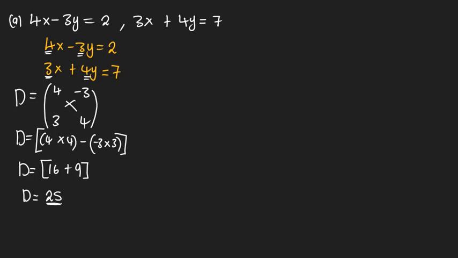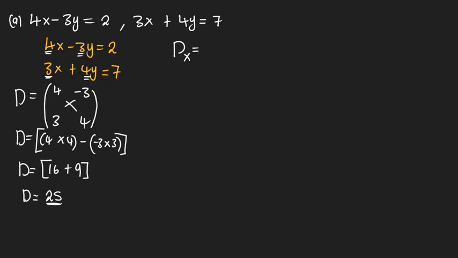Now, how do we find the determinant of x? We're going to say Dx is going to equal, now look at this. Whenever you are using Dx, you forget about the x values.